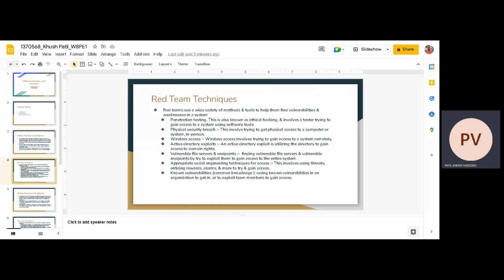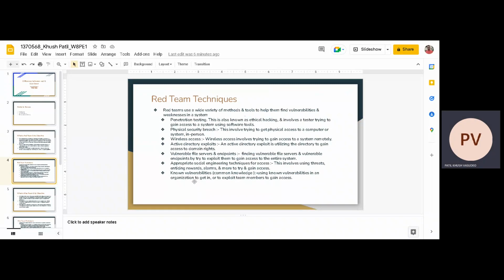Basically, we are going to use known vulnerabilities to find the vulnerable file servers and endpoints. Then we use appropriate social engineering techniques like giving threats or rewards, alarms: your password is going to expire in so and so, your device security is not good, the antivirus is weak, something like that, and then we try to gain access to it.